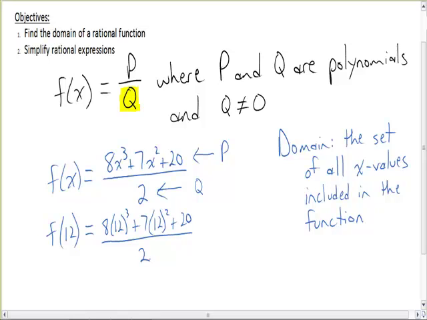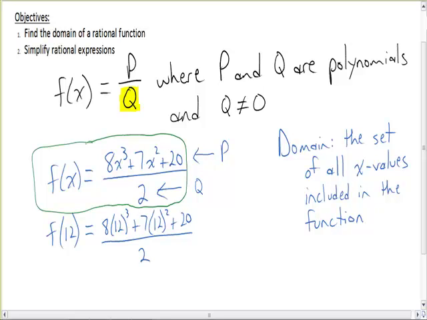Is there any number that if I replace x with that number, I will not get an answer for f of x? In other words, is there any number I cannot plug in for x? And the answer is no. No matter what number you plug in for x here, you'll always get a solution for f of x.